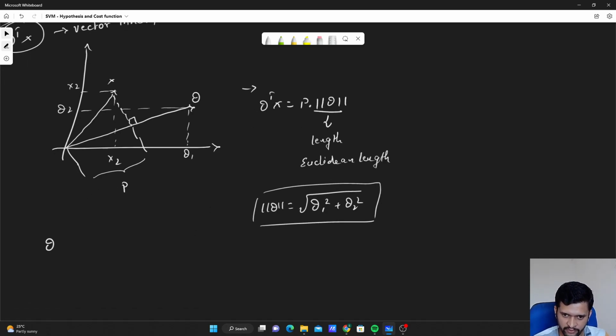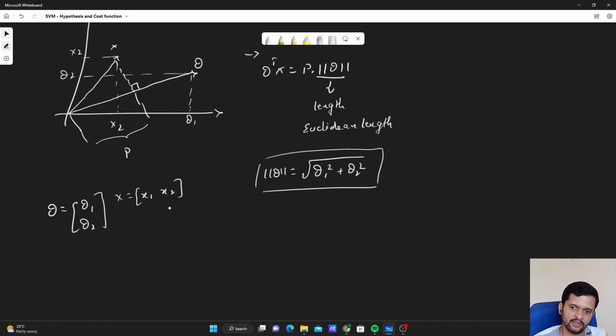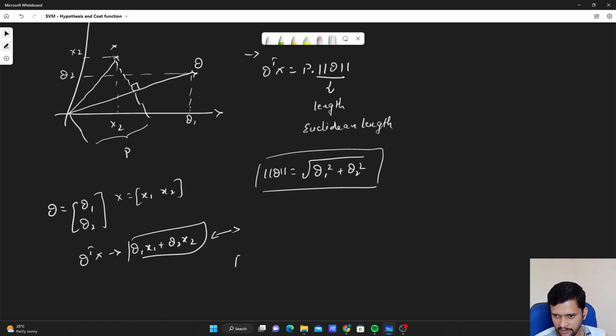In other words, if we expand the theta values, let's forget about theta 0 now. We will deal with theta 1 and theta 2, and x will be x1 and x2. These are our coordinates. So theta transpose x will be theta 1 x1 plus theta 2 x2, correct? We can prove with the help of linear algebra that the length of the projection multiplied by the norm of the vector theta is equal to theta 1 x1 plus theta 2 x2.